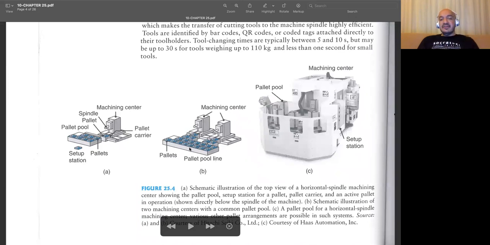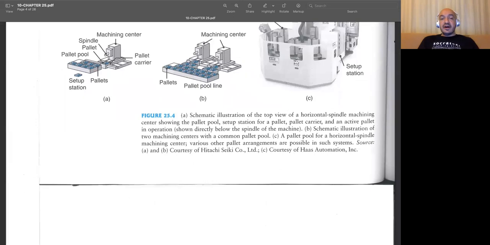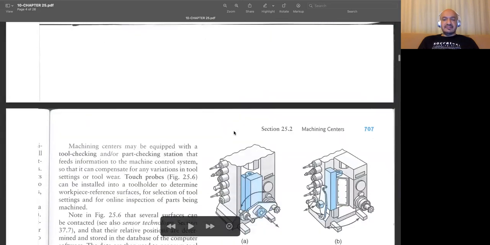You see we have a pool of pallets, so we don't spend time mounting the workpieces in between the machining operations. They are already mounted on pallets. What you need to do is simply move this pallet onto the table or underneath the cutter and start the machining process.